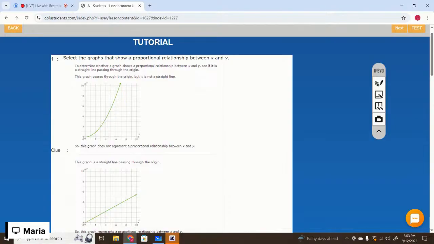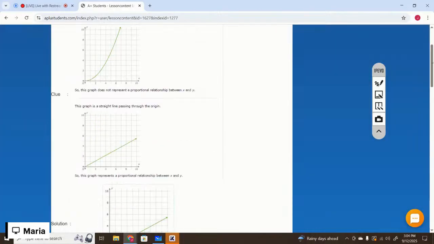So if it is a straight line passing through the origin, then that means that is the proportional relationship. So the graph that is a straight line and passing through the origin is a proportional relationship.